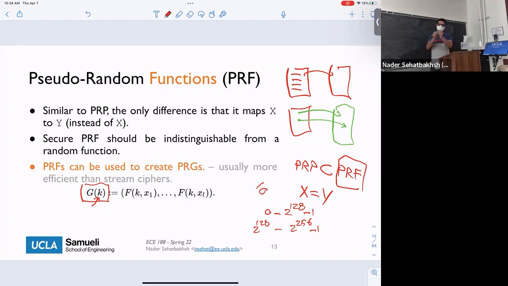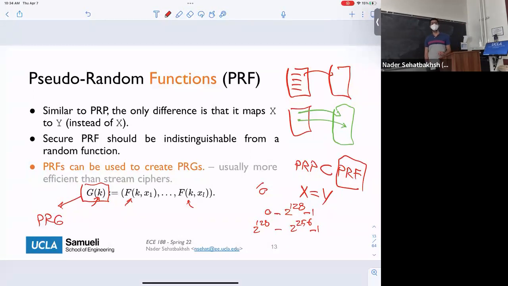Then we just concatenate these outputs in order to create the expanded key. And the key thing is that calling this function multiple times is much faster than using an original PRG such as ChaCha or Salsa and so on. That's the reason we prefer to have a PRF and call it multiple times rather than using a PRG.